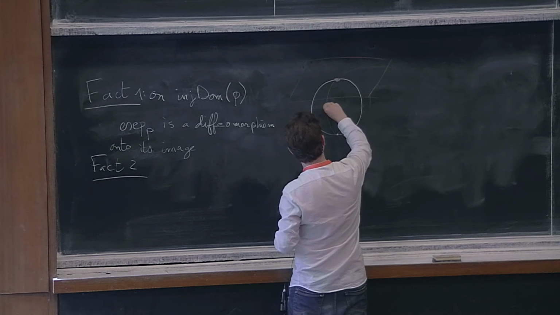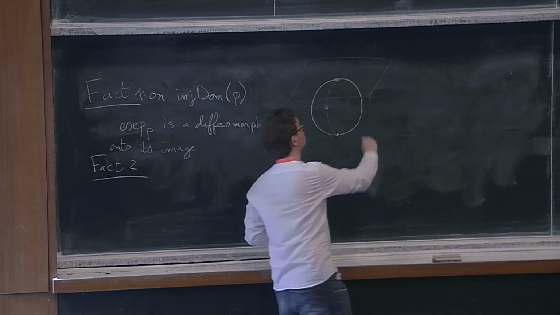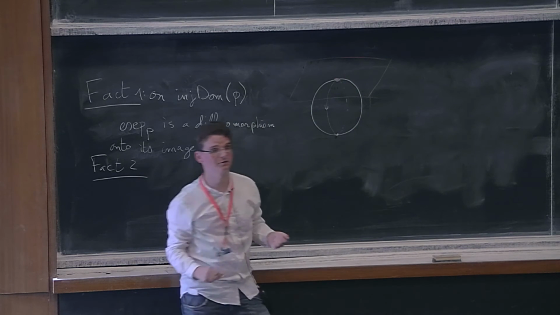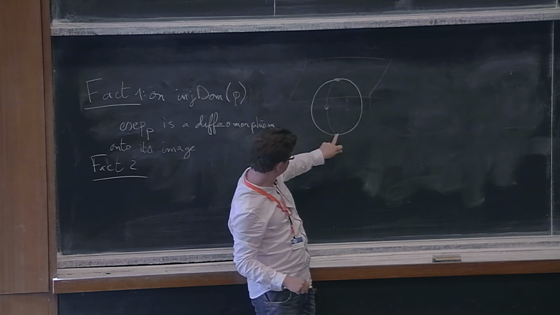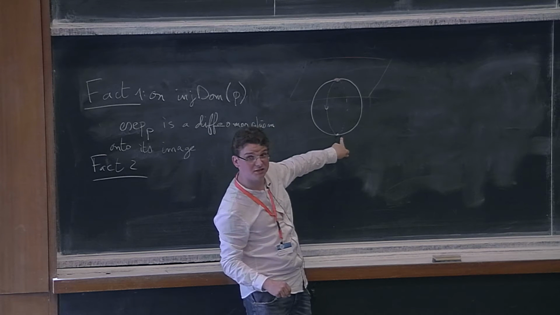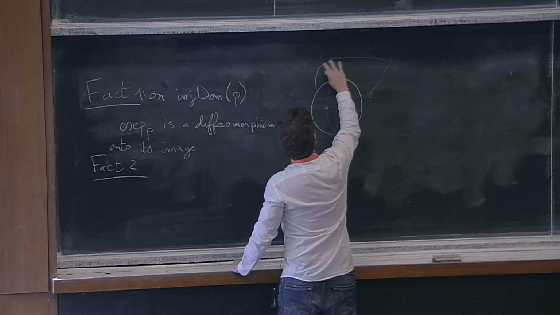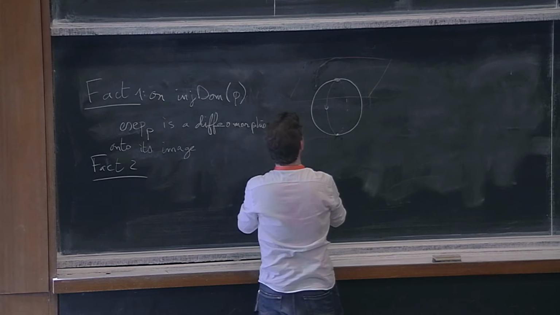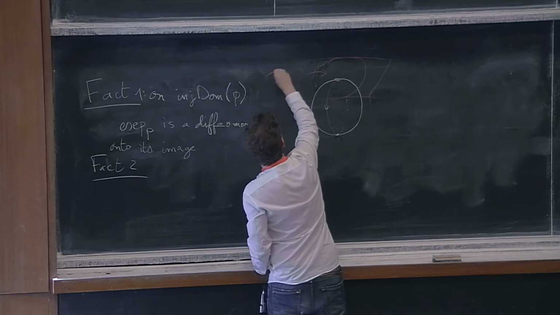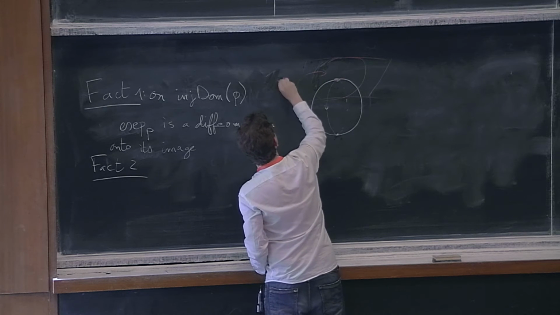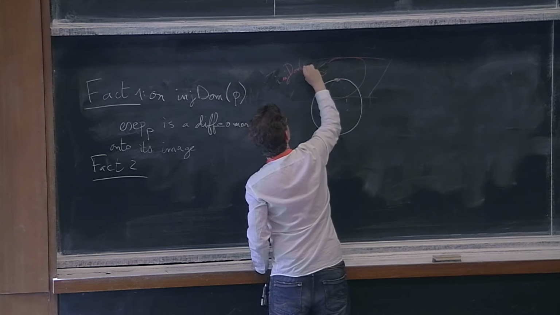A geodesic from P goes this way, and then they come back, but they stop being minimizing after that point, because I could have gone the other way around on the great circle. So when I take the vector which goes all this way, I've already left the injectivity domain. So the injectivity domain here will look, oh, I should respect my color code, like that. So this is the injectivity domain of P.